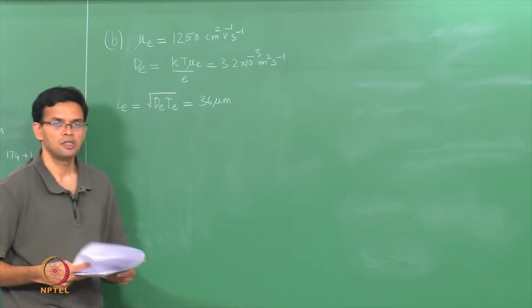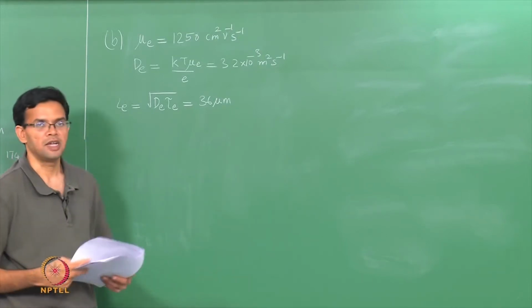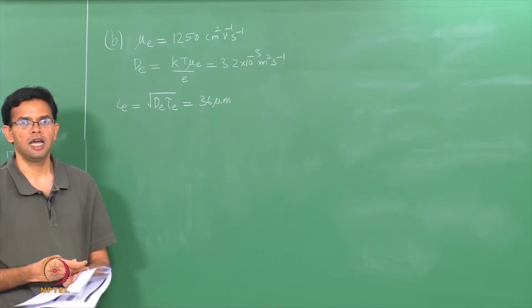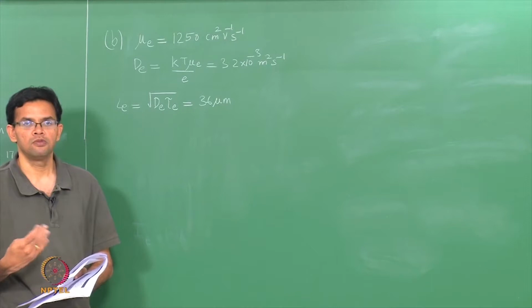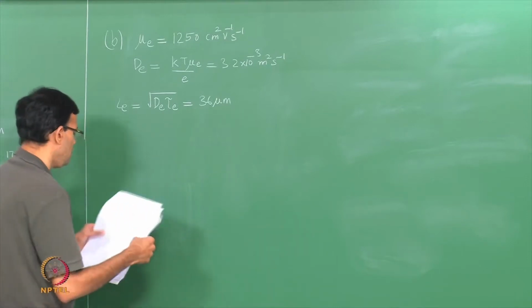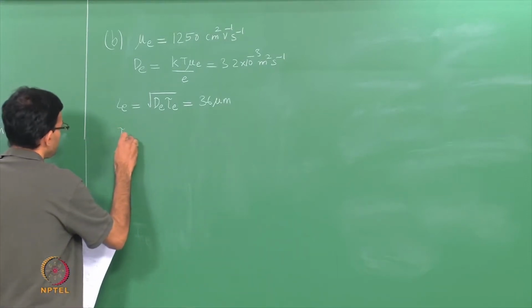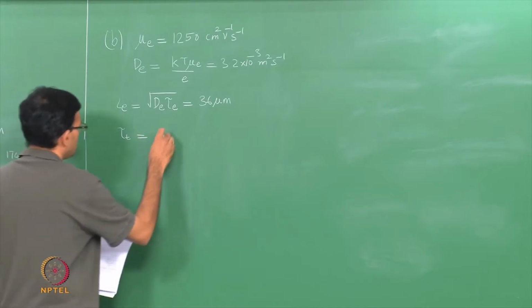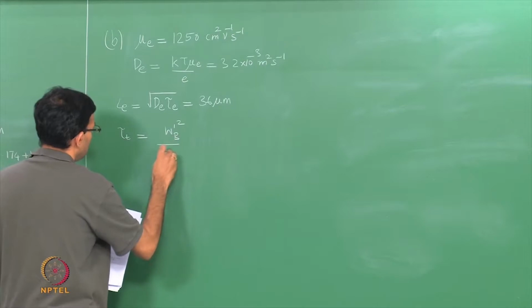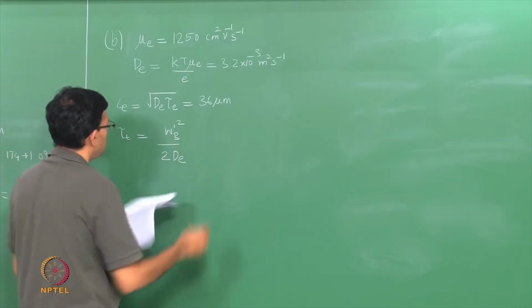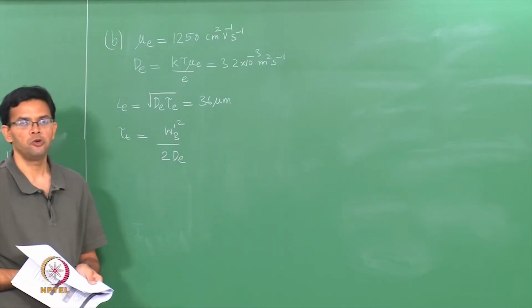So, from this we can also calculate the transit time. The transit time is the time it takes for the electron to move through the neutral base region. So, tau t, and we saw the expression last time, it is nothing but WB square over 2 dE.